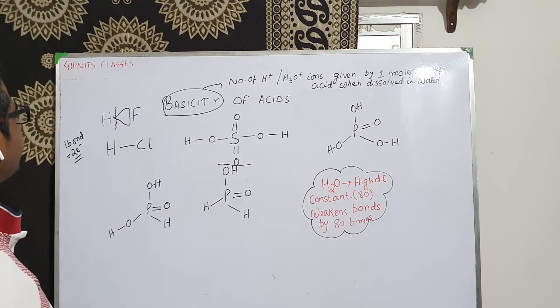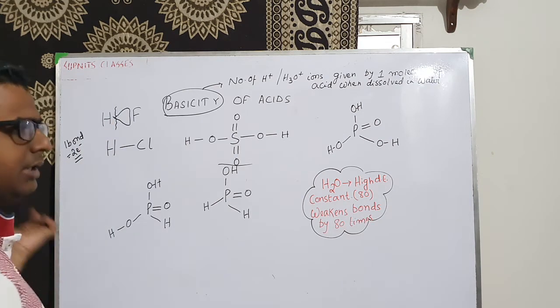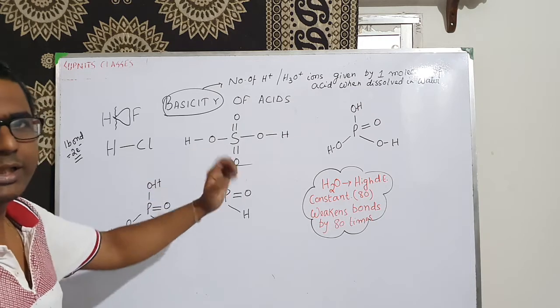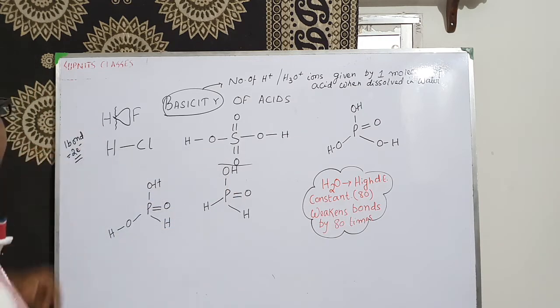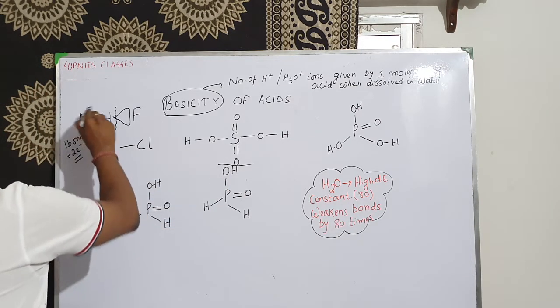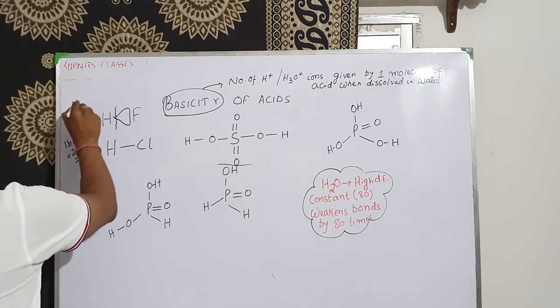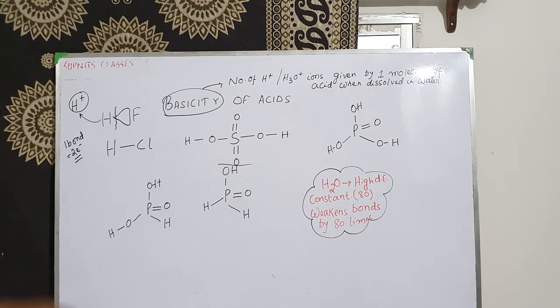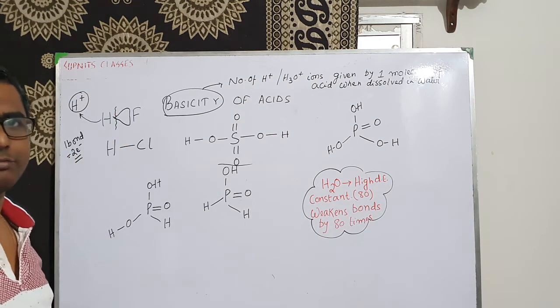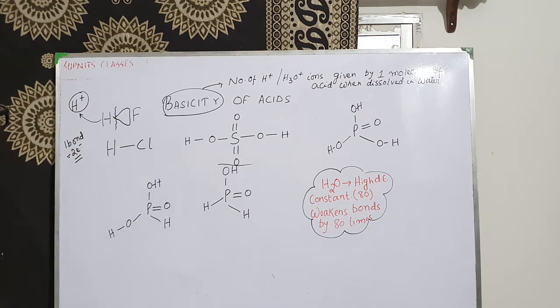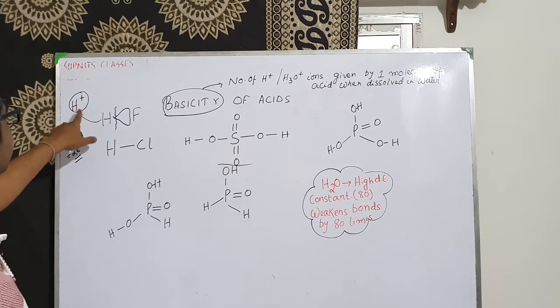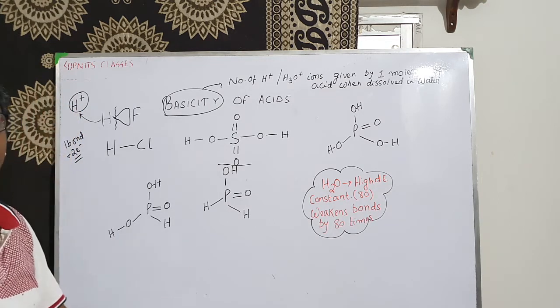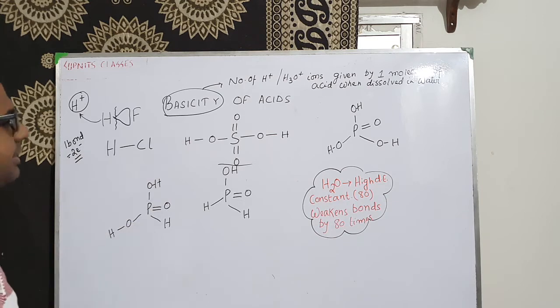If this is broken, the electrons are anyway towards which side? The fluorine side. So hydrogen, when it gets liberated from HF, will be devoid of electron, and it releases one H plus ion from a molecule of HF. This is the reason the number of H plus released over here is only 1, and that is why the basicity of HF is 1.